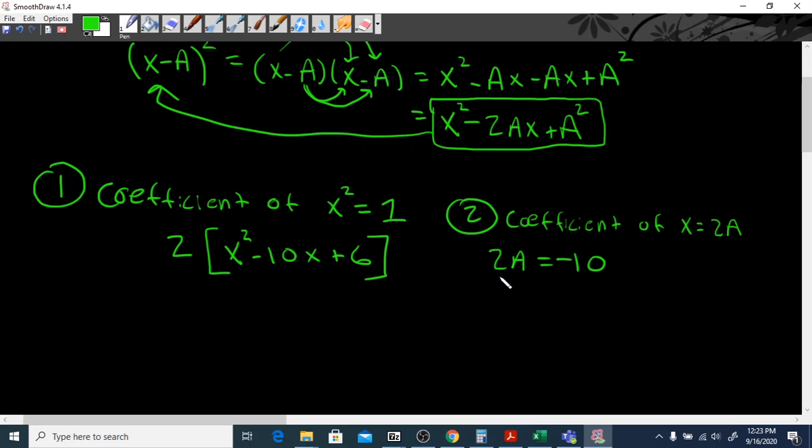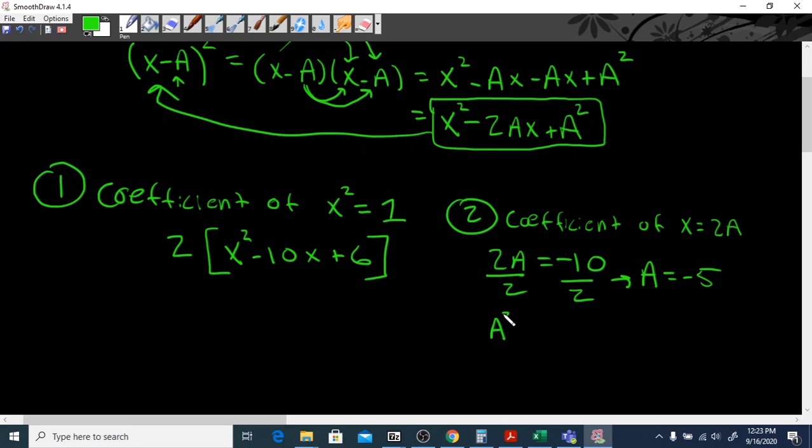Using this, we can find a, and a is important because we need it here. a is going to go inside the parenthesis. If I divide both sides by 2 here, I'm going to wind up with a equals negative 5. Okay, so that's going to go in the parenthesis.